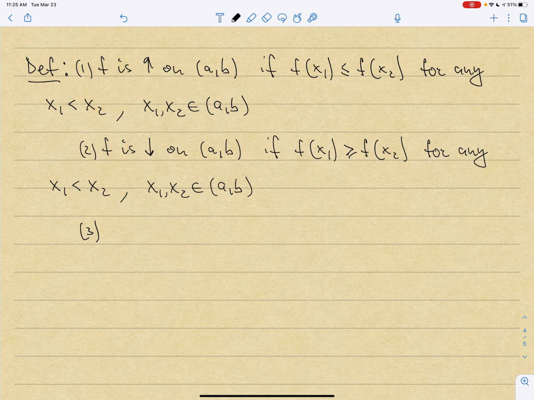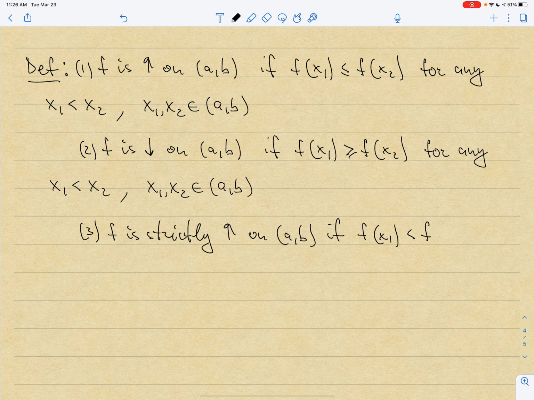So f is strictly increasing on AB if f of x1 is going to be strictly less than f of x2, again, for any x1 less than x2, and both x1 and x2 are inside AB.